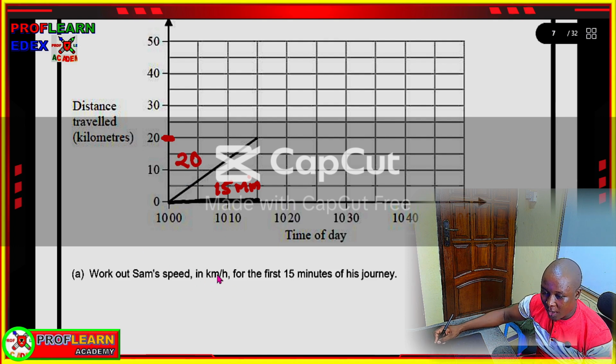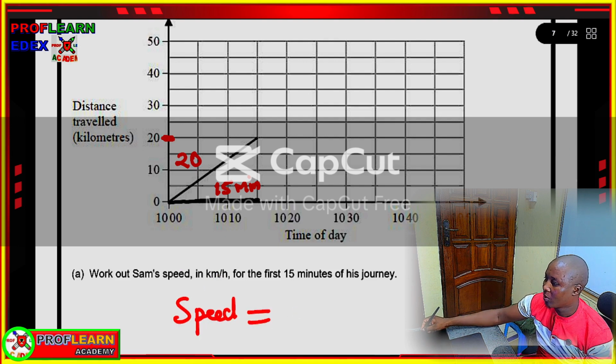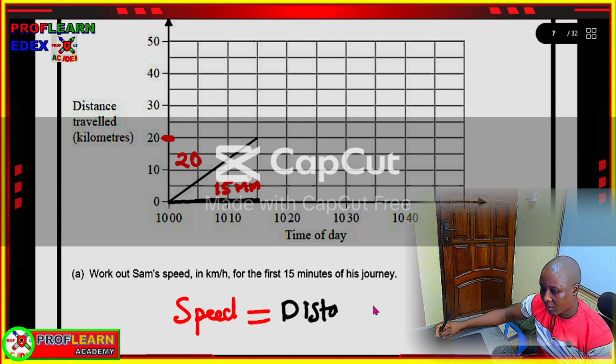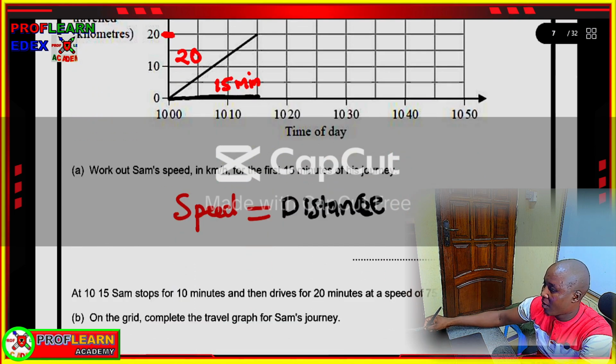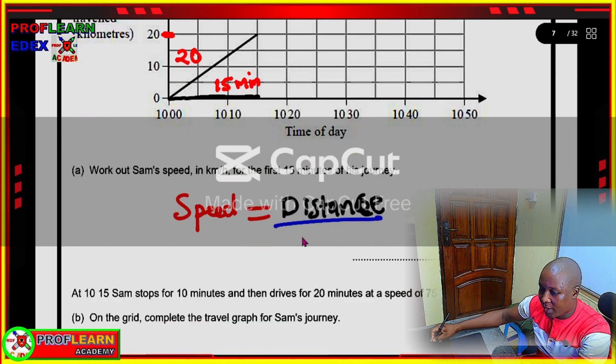Now we are supposed to work out the speed. We know speed is equal to distance traveled over time taken.